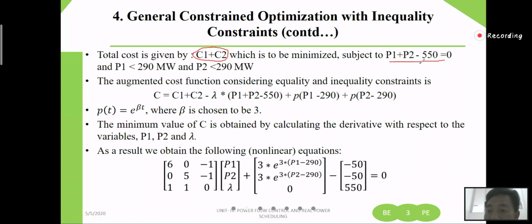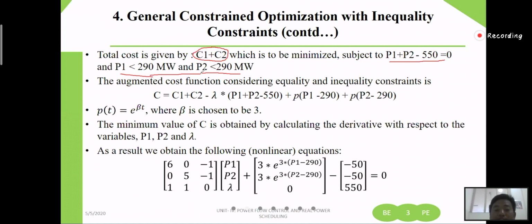This is an equality constraint, and we have to fulfill it. At the same time, P1 should be at most 290 megawatt and P2 also at most 290 megawatt. It is not saying you have to generate this much, but that the maximum P1 can generate is 290 megawatt and P2 can generate 290 megawatt. So this becomes an inequality constraint.